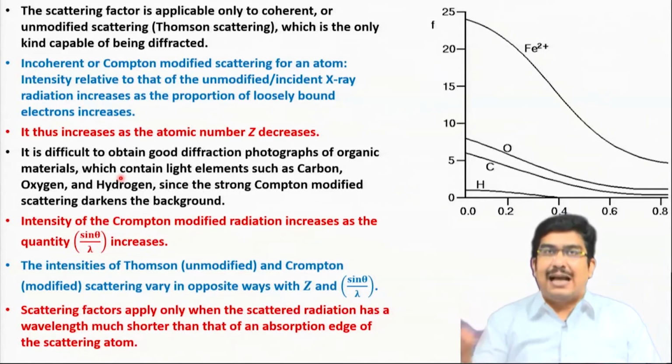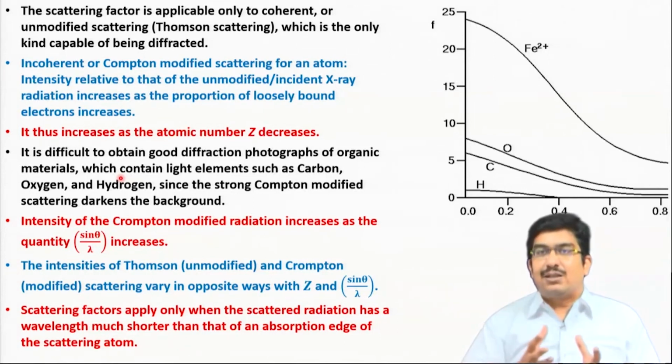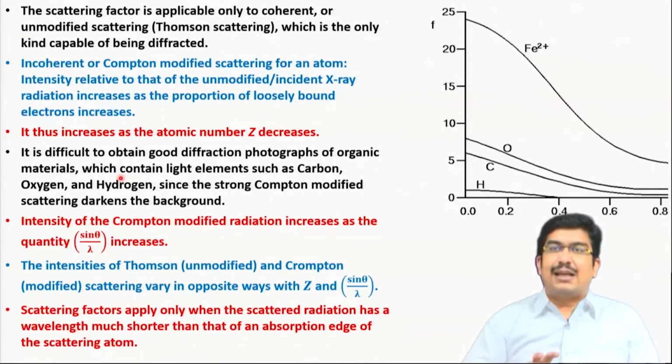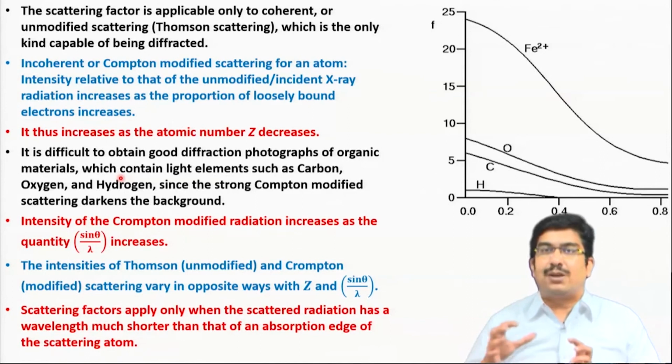When we go to a higher atomic number element, the nucleus has much more positive charge, and it will be able to bind all the electrons with a much stronger force.